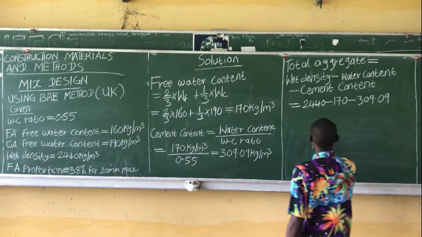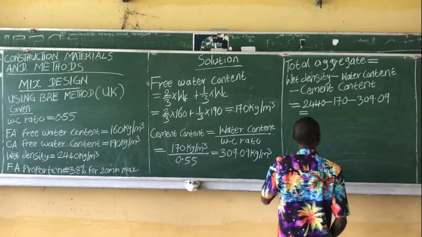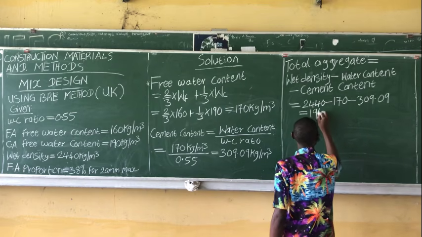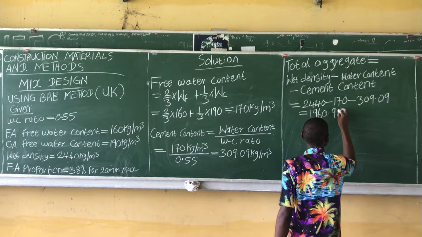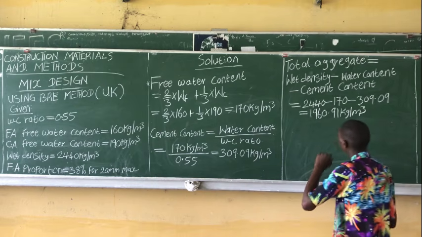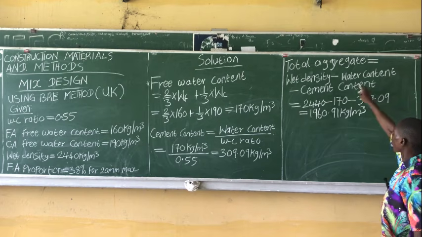So our total aggregate is 1960.91 kilogram per meter cube.